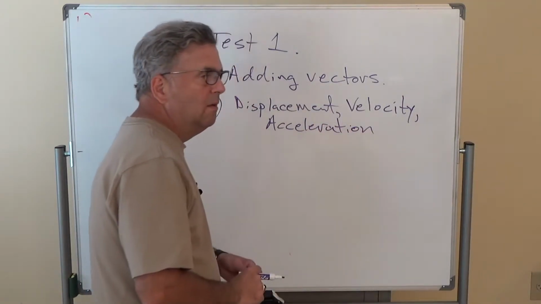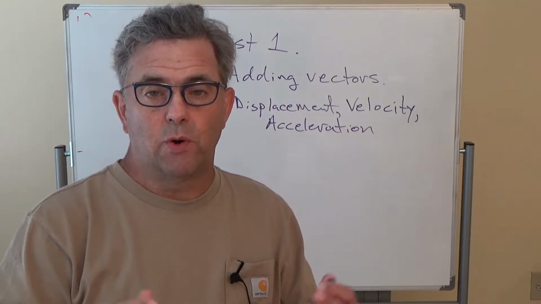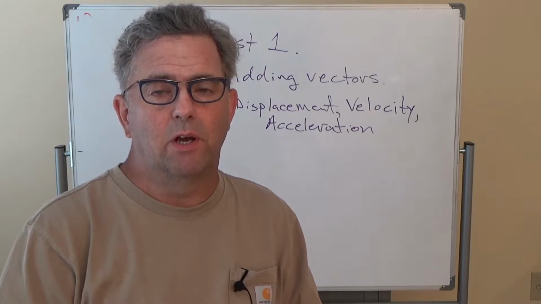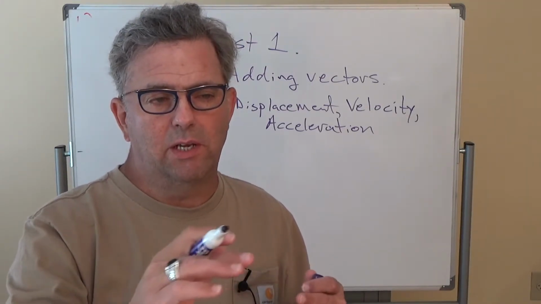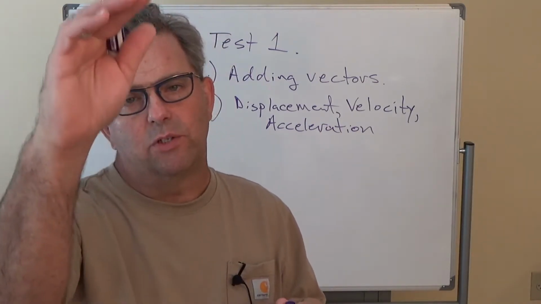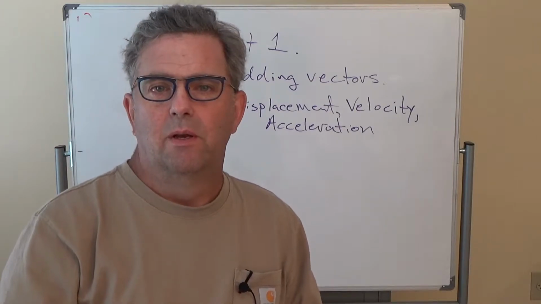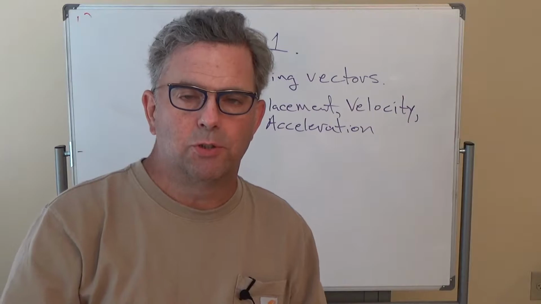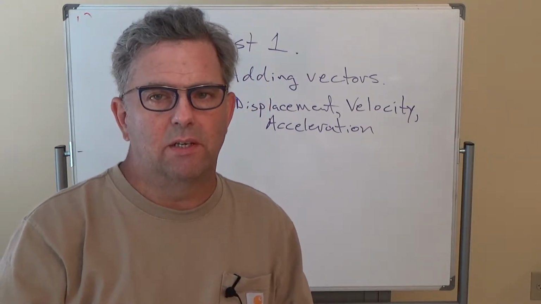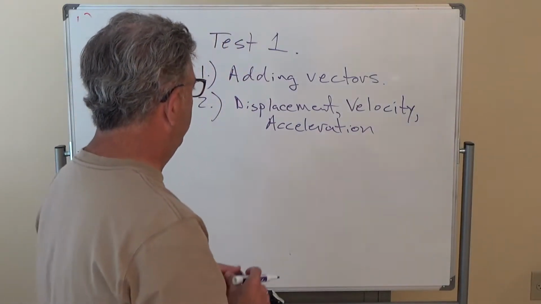Kind of like the one with the train that I did the example of. So you take a journey in one direction. You go to the north. You end up at some destination. Based on that, what's your displacement? What's your speed? What's your average velocity? Was there an acceleration? That type of thing. Okay.